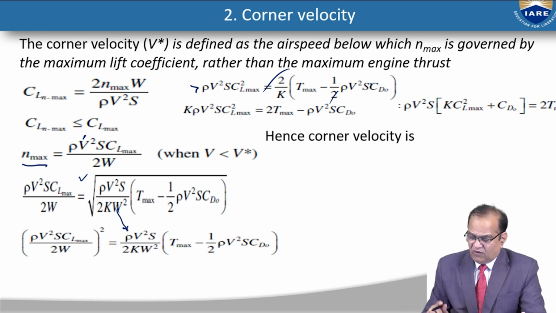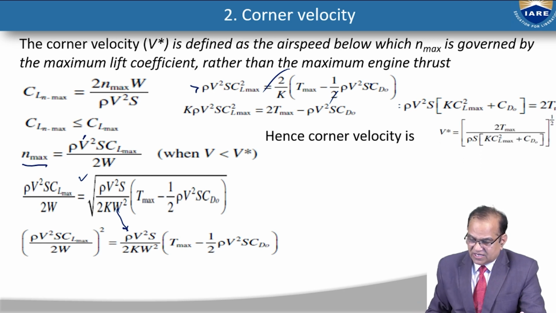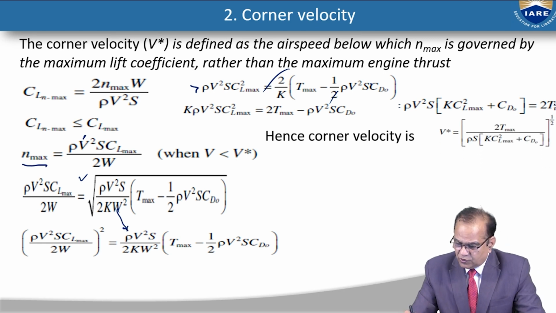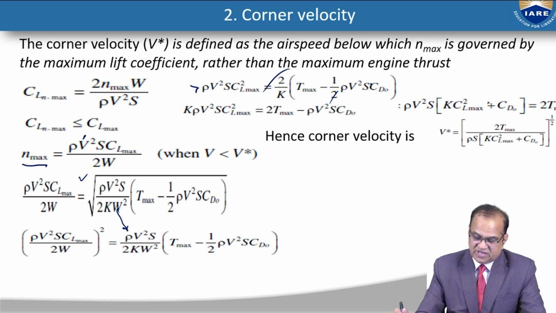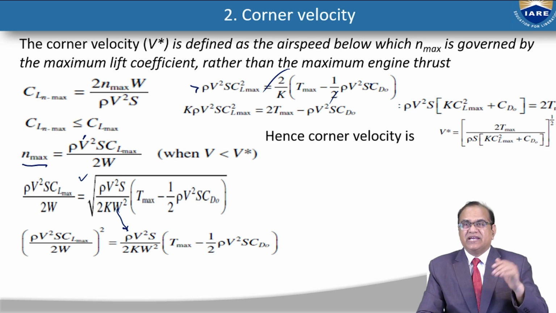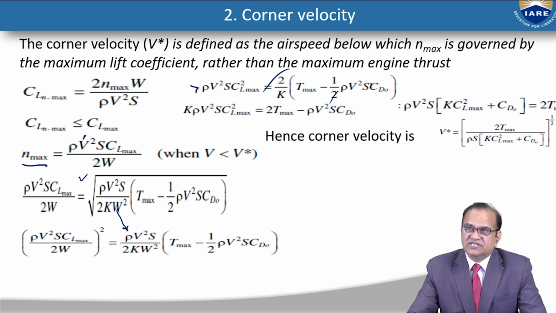Hence, we can find out this corner velocity V. So V is equal to 2T maximum divided by rho S times KCL square plus CD naught, whole under root. So this is the derivation for the corner velocity which we have done here.